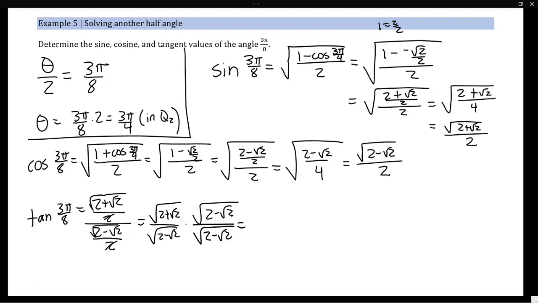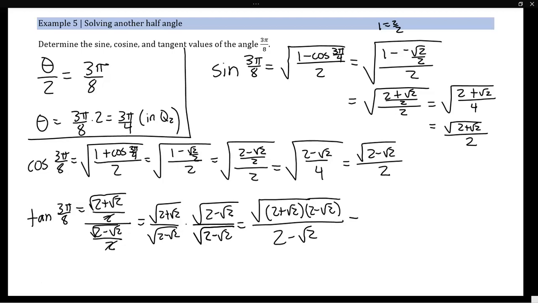In the numerator, we would get the square root of 2 plus root 2 times 2 minus root 2, all divided by, in the denominator, 2 minus the square root of 2.